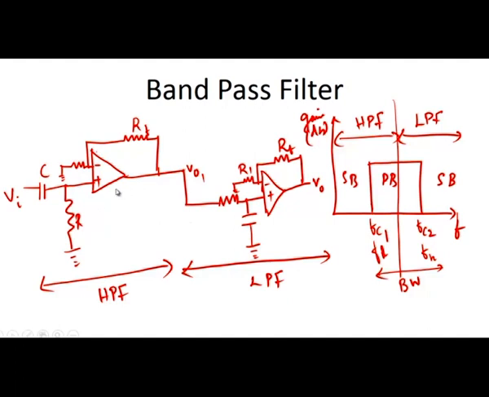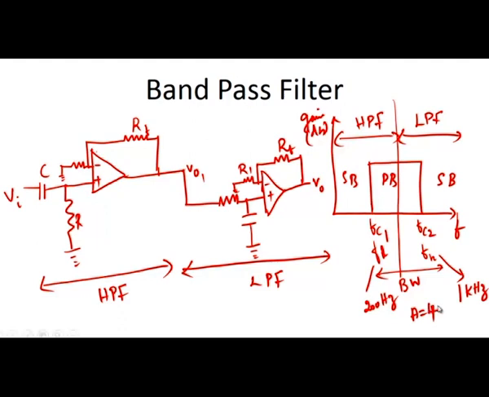Now, suppose the question is to design a band pass filter for the lower cutoff frequency of 200 hertz and higher cutoff frequency of 1 kilohertz, for the gain A equal to 4.